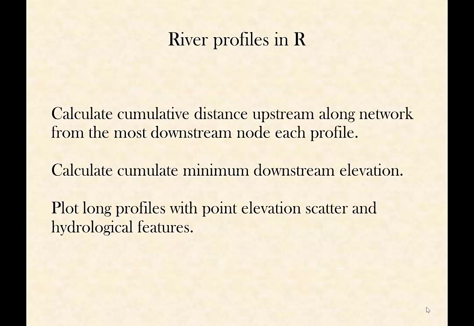So what I did is I extracted all my river profile data out of ArcGIS, which is where I got the vertices data, into the statistics program R, which is where I tend to do this kind of stuff. For each stream line, I calculated the cumulative distance upstream from the most downstream node in each profile.